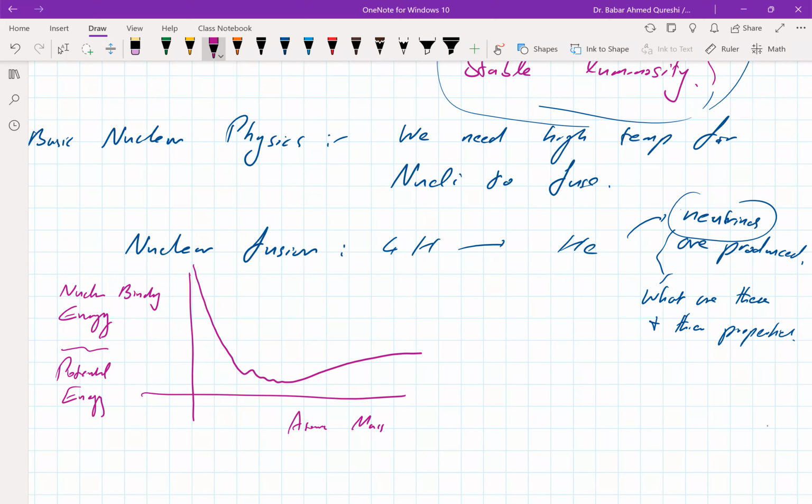So we learned if we combine nuclei, we are lowering their binding energy per nucleon, so energy comes out over here.